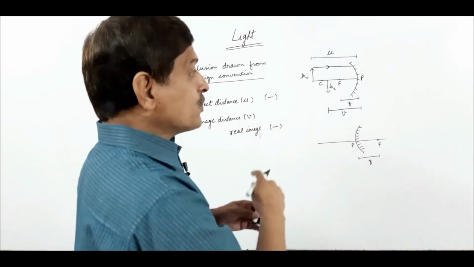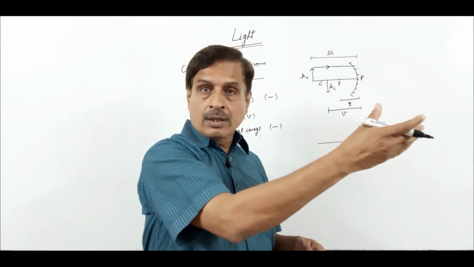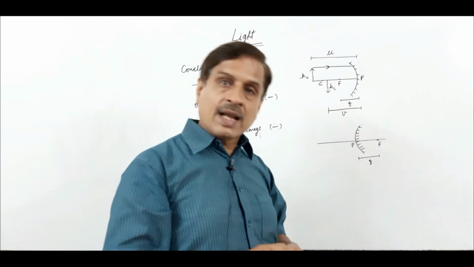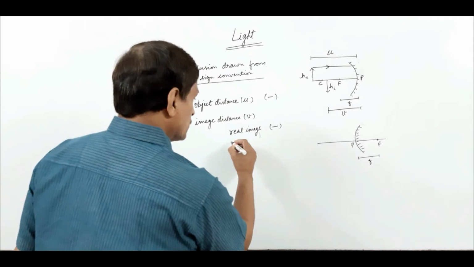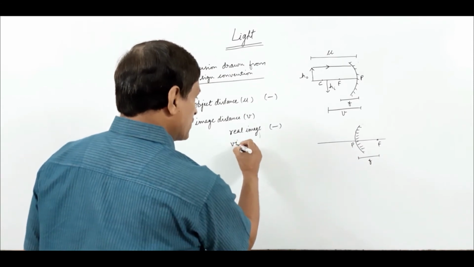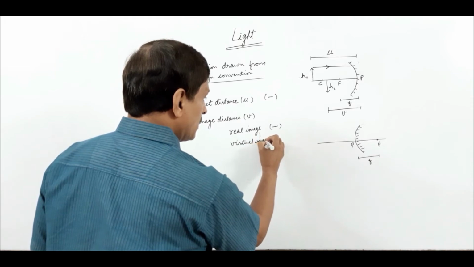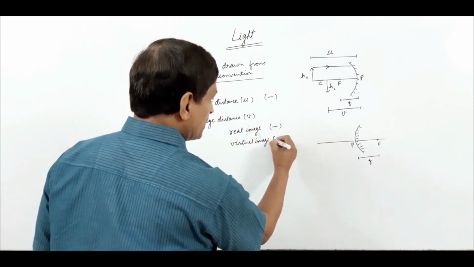But a virtual image is formed behind the mirror. Therefore, we measure from left to right, that is in the direction of the incident ray. So, if the image is virtual, the image distance is positive.